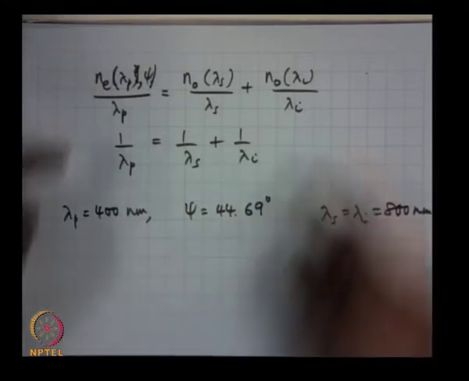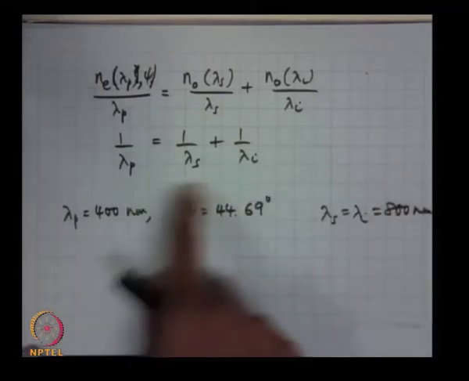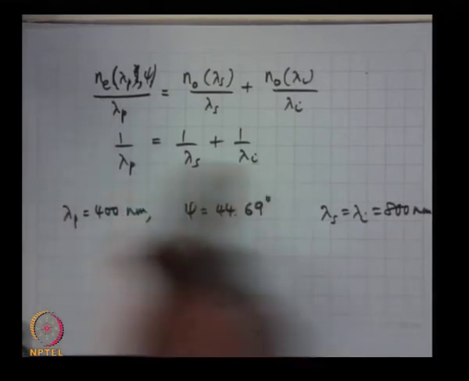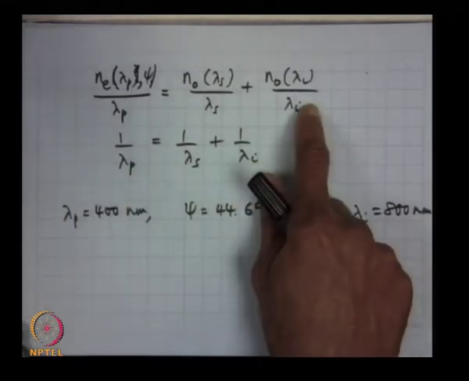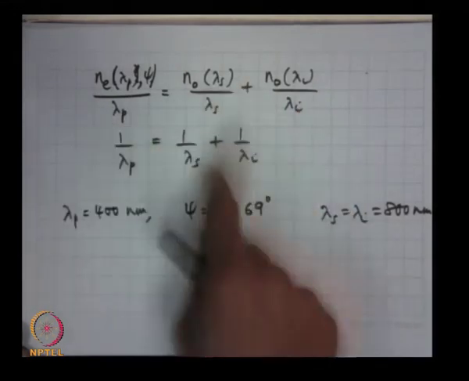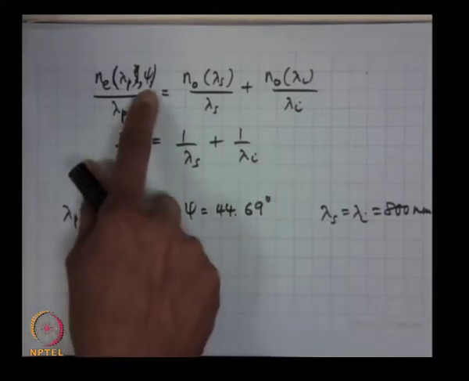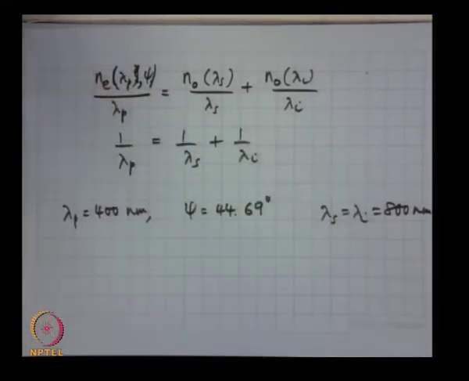Please note these two equations. For a given lambda p, I can use the second equation to replace lambda I by lambda p and lambda s. So I can eliminate lambda I from these two equations. I will have one equation containing lambda p and lambda s, and of course the angle and the corresponding refractive indices.